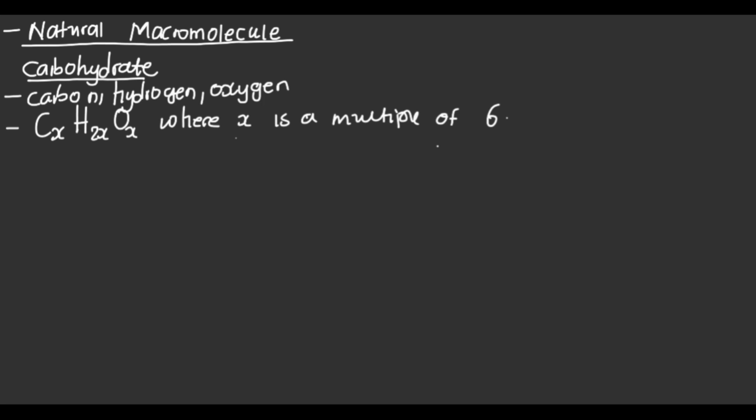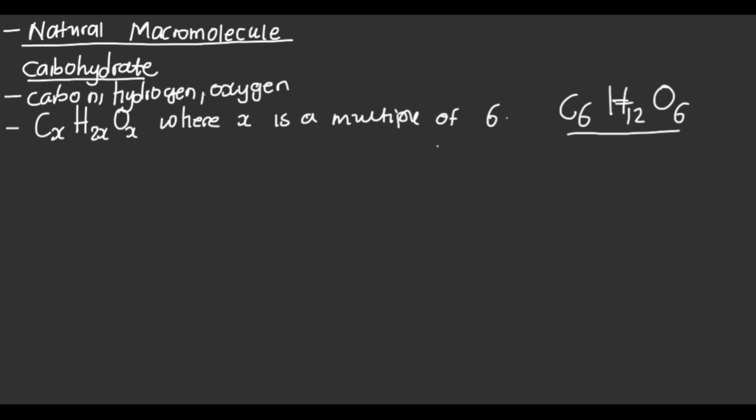So this simply means that we can substitute x with 6, so we get C6. Then 2 times 6, we have 12 atoms of hydrogen, then O6. So this is the general formula for most of these carbohydrates.